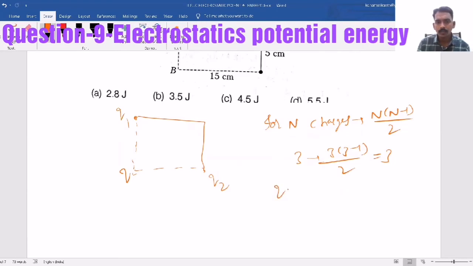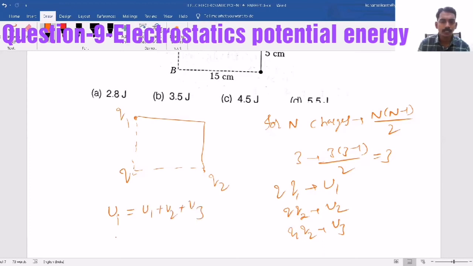Like between Q1 and Q, potential energy let's take U1, Q2 and Q, U2, and Q1, Q2, U3. Like that, there is one U initial, that is U1 plus U2 plus U3. Similarly, there is one final. Let's take U1 dash plus U2 dash plus U3 dash.